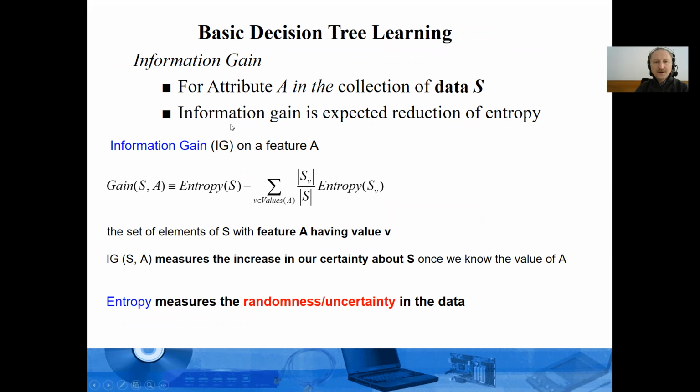We can define information gain as the expected reduction of entropy, because we are subtracting from the whole set. S is the whole set, and we subtract the subclasses. This one is the subclass size. I will explain them more when we are doing the calculation. It is an expected reduction because there is a minus between them.